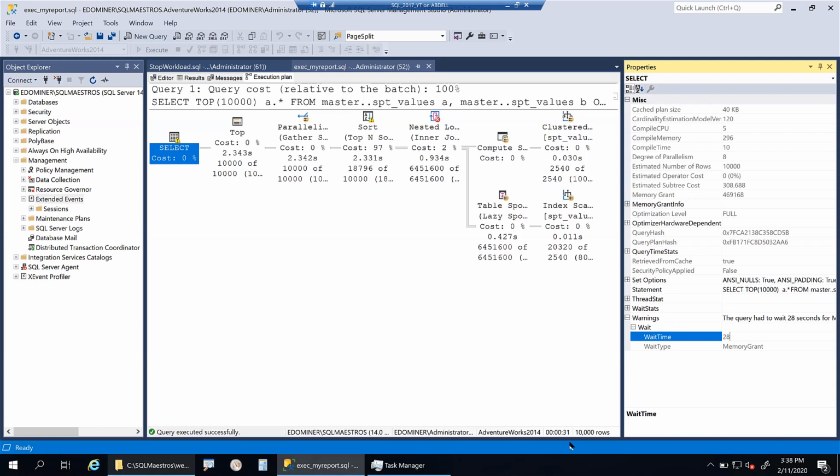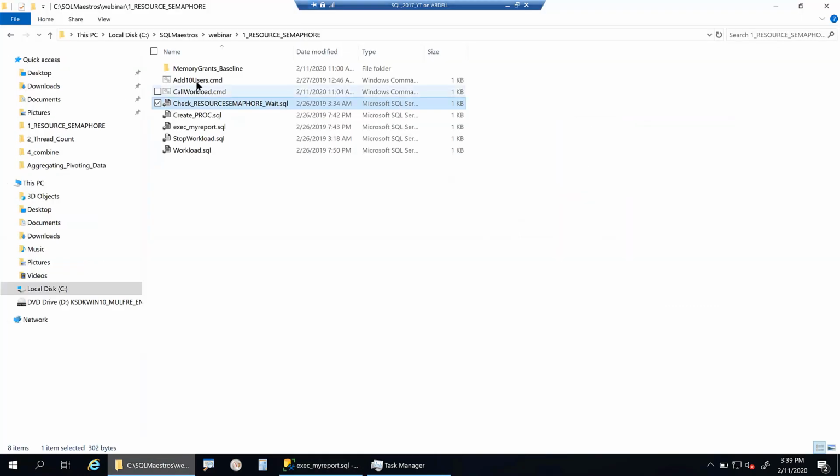I was trying to simulate a real world scenario where a lot of users connect to SQL Server, and let's say some of them are running memory intensive workloads, consuming memory, and now there isn't much left in the pool of memory that SQL Server has dedicated to query execution. Then the query has to wait. And when the query waits for memory grant, it is called a wait type of resource underscore semaphore.